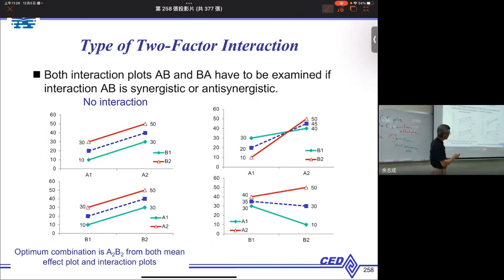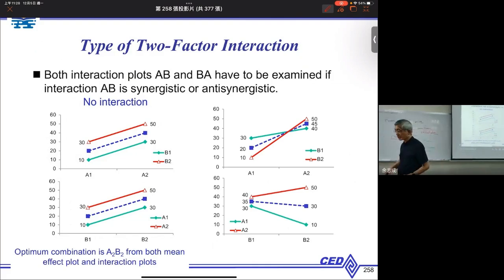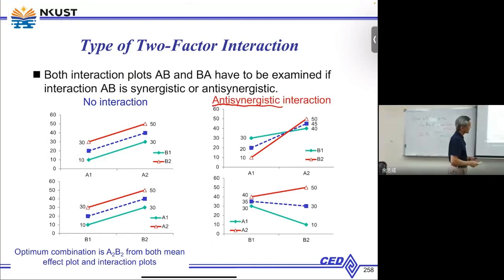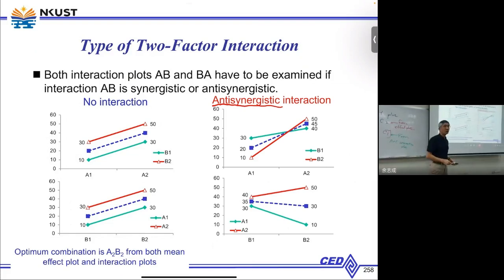Since the slope direction changes, it was positive for A2, the green. When A is changed to A1, the slope becomes negative, which means that AB has an anti-synergistic interaction. When they have an anti-synergistic interaction, the best combination should be selected from the interaction plot.